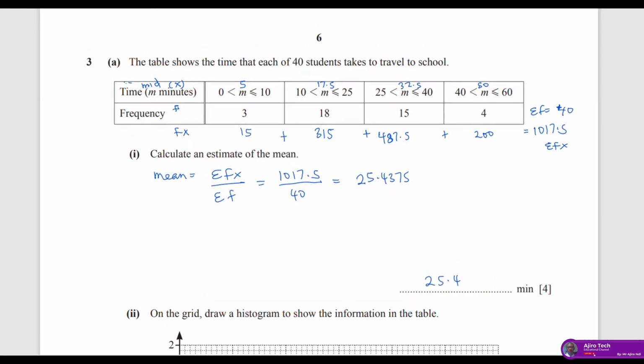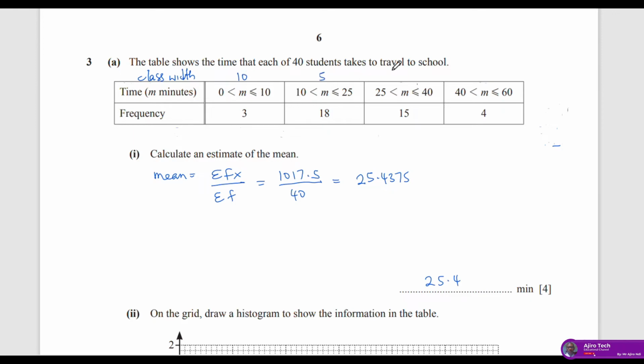So let me remove all these values here. I need my class width now. Class width here, upper bound minus lower bound, is 10. Class width here is 5.